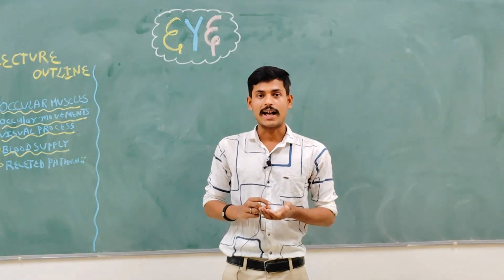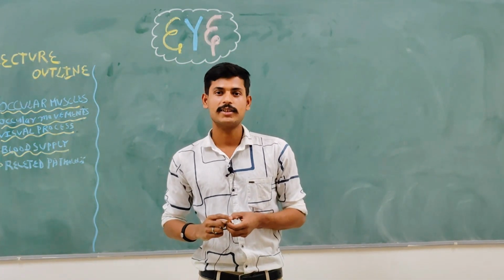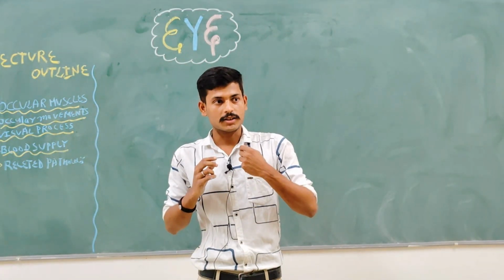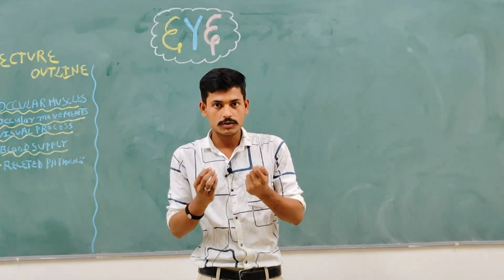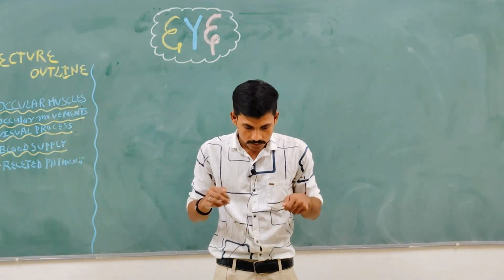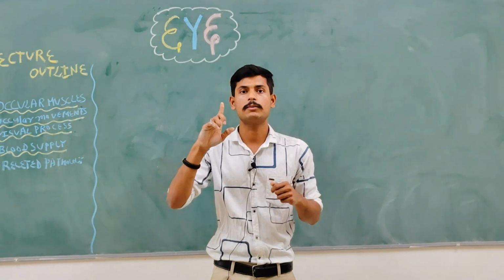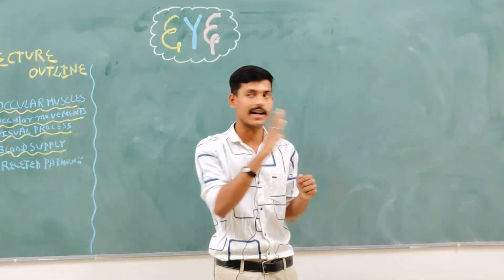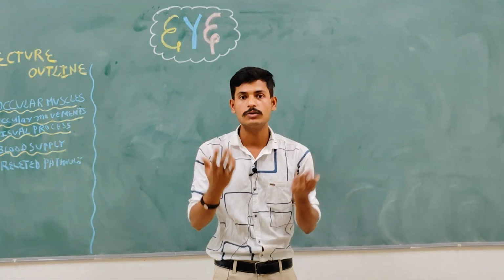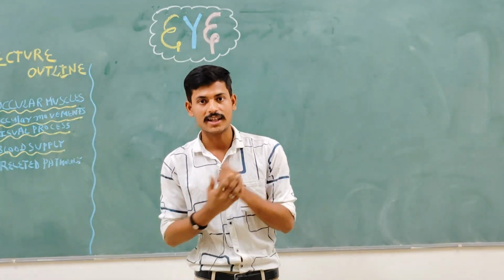Now, as usual, I have a question. Sometimes we have to look down, sometimes we have to look above, sometimes we have to look sidewise, the lateral view. How does this happen?